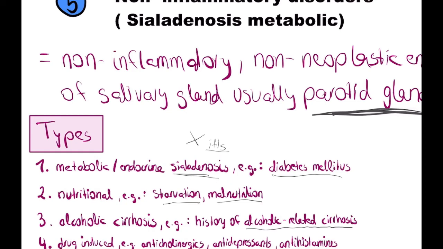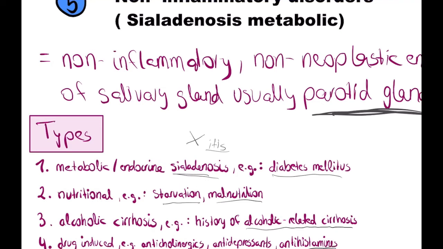And drug-induced, if you take anticholinergics, antidepressants, or antihistamines, which can lead to a non-inflammatory disorder. Antihistamines can be taken if you have any cold or flu.